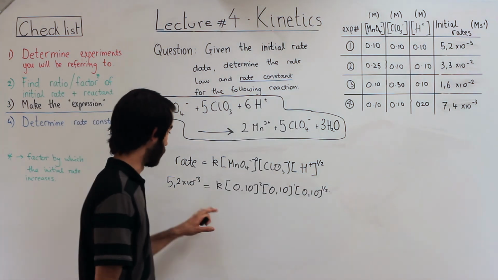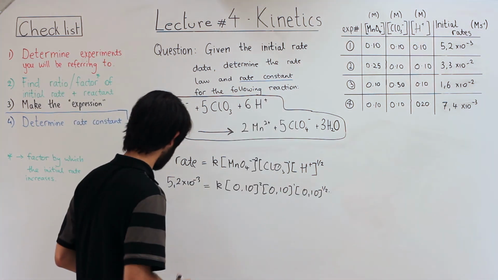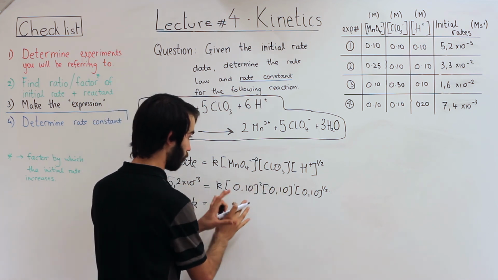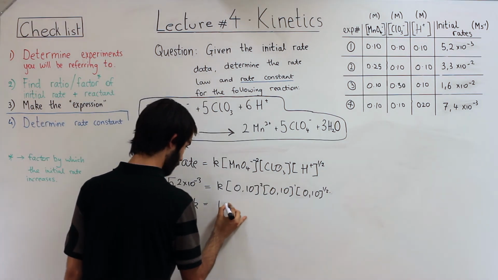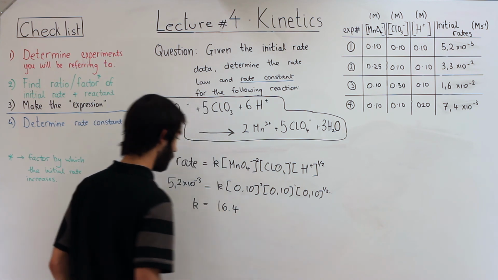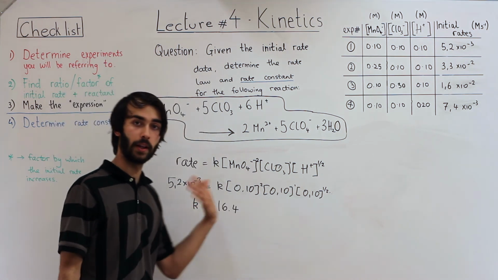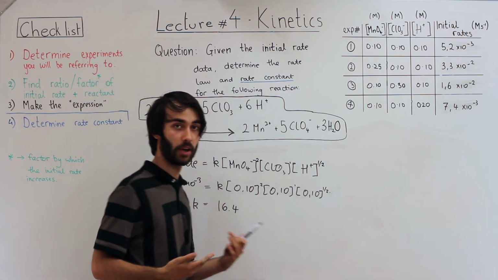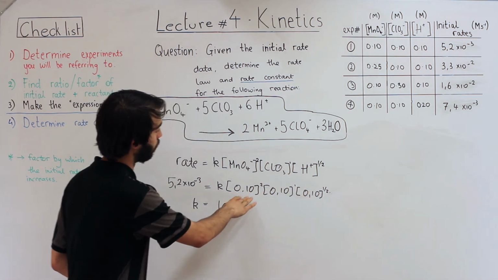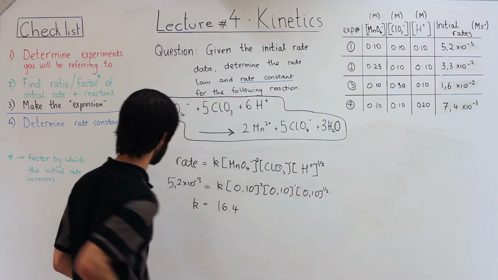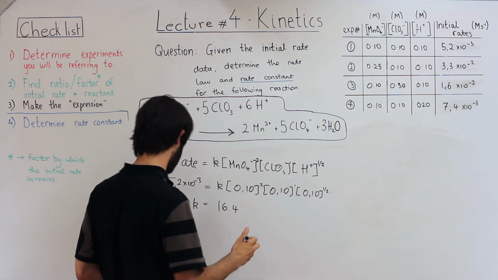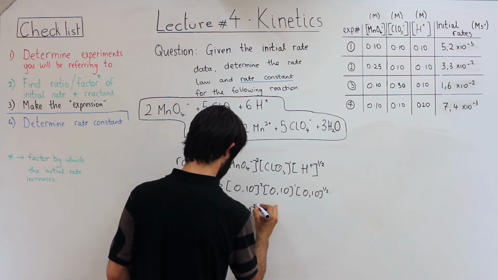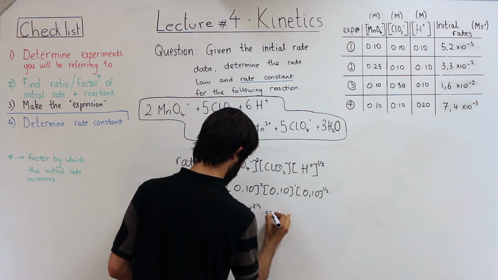And now, using a little bit of algebra and mathematical magic, we can get to here, where we'll find K when rearranged: 16.4. Now, for the units, like last time, it's quite simple. You simply put the units into where you're performing your mathematical actions. So here, we'll put moles, moles, and moles. When you rearrange, you find that they cancel out, and you get an overall unit of minus 2.5 per second.